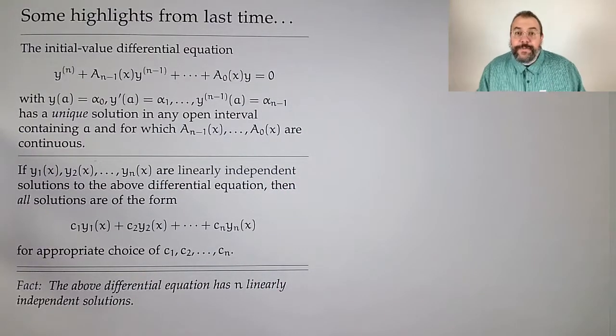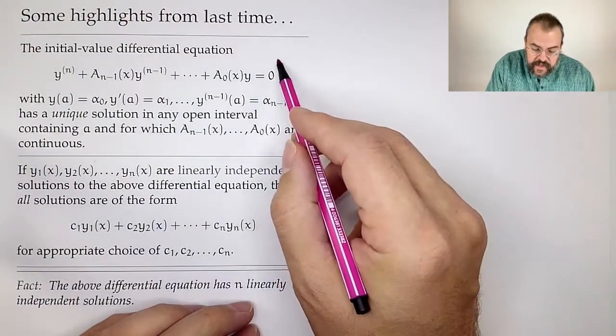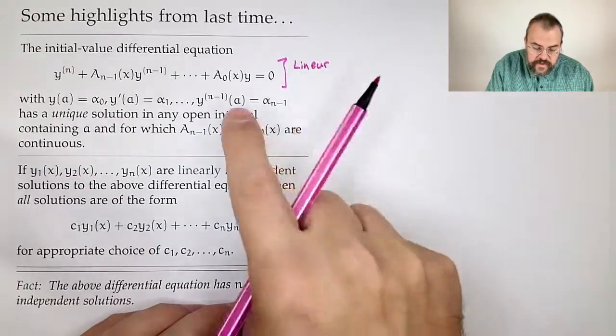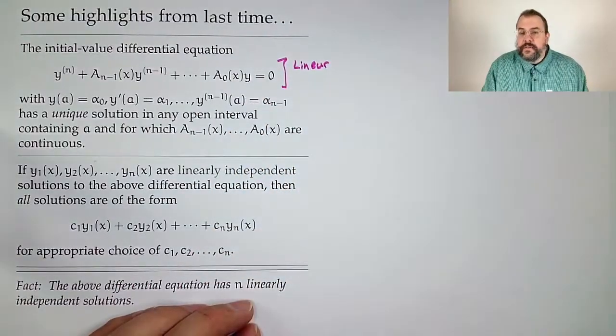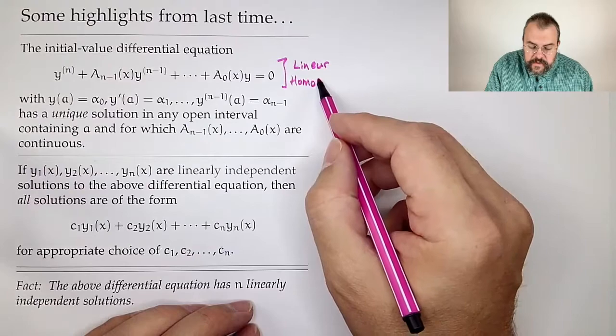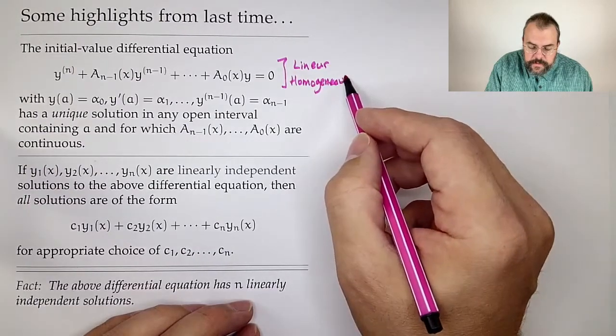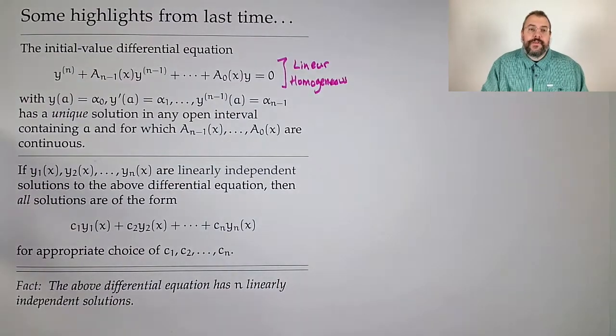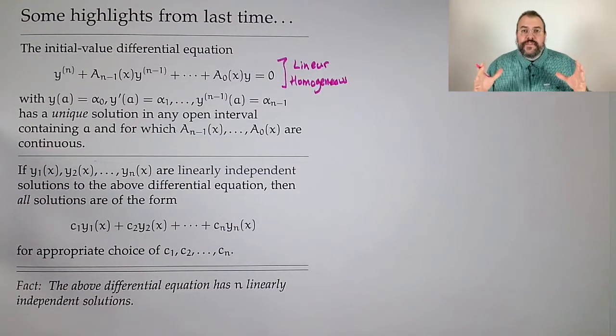Now, if you remember our terminology from last time, that says, hey, this is nice. It's linear. In other words, we have these nice linear combinations of derivatives of y, and it's also homogeneous. Now, we don't actually need homogeneous to say that there's a solution, but we're going to focus on that case. And so, okay, that's our differential equation.